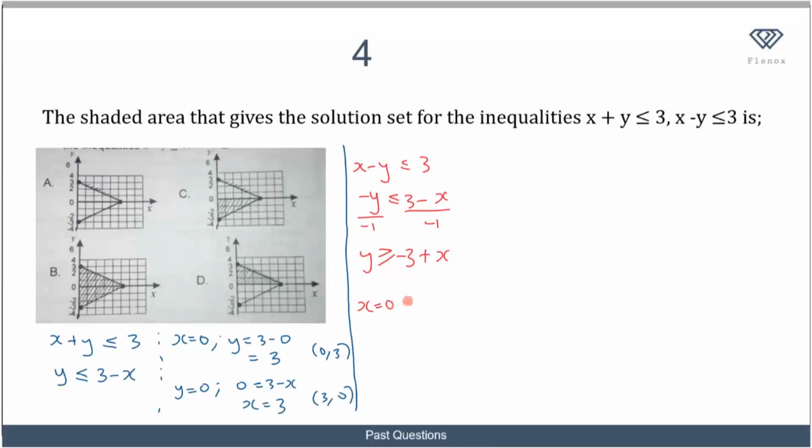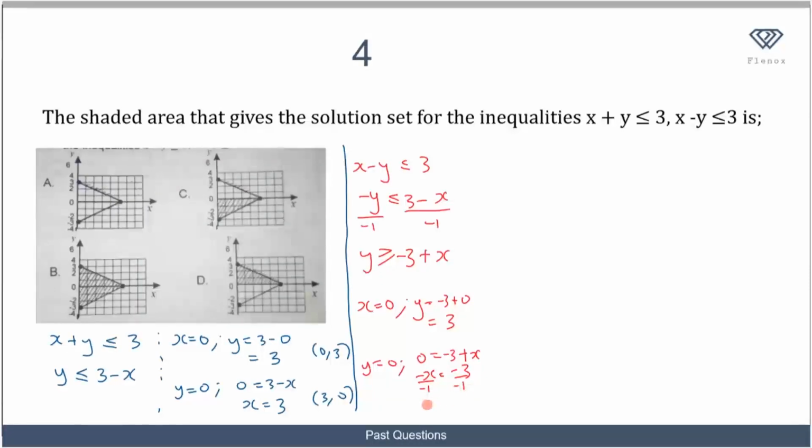So I find the value of x when y is 0. So when x is equals to 0, what is the value of y? The value of y will be minus 3 plus 0, which is equals to minus 3. So we solve now when y is equals to 0. So when y equals to 0, 0 is equals to minus 3 plus x. So when I bring this over here, minus x is equals to minus 3.